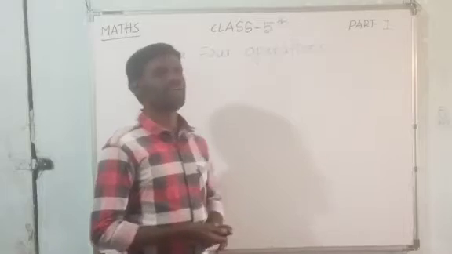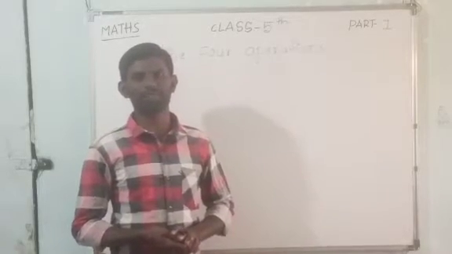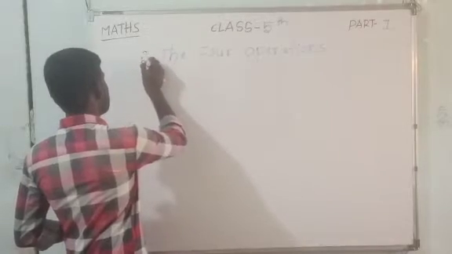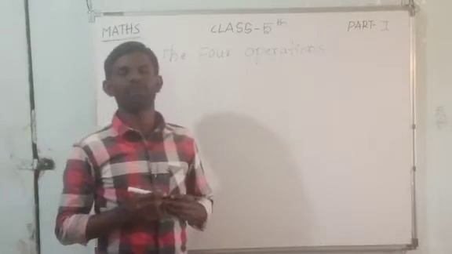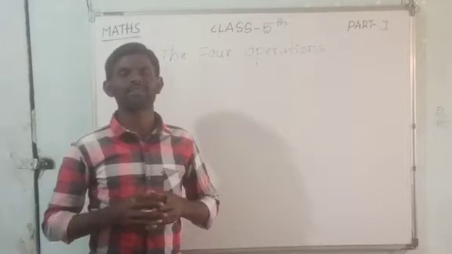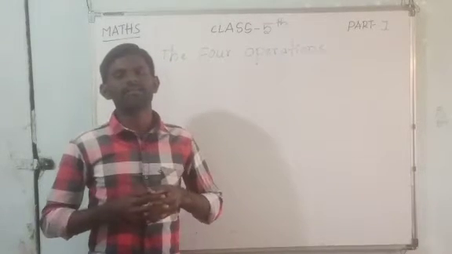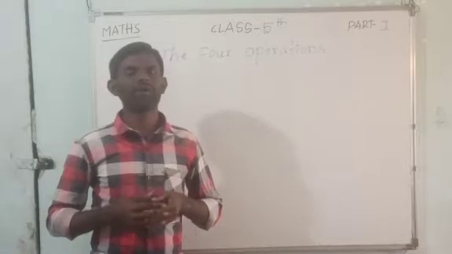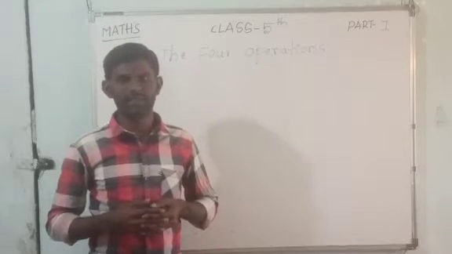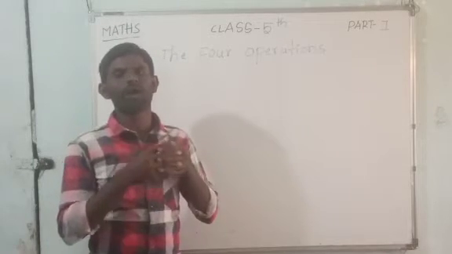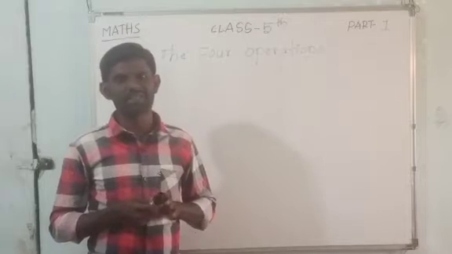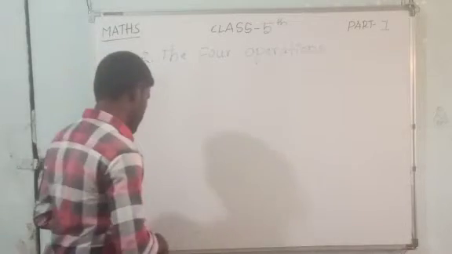Dear students, this is part 1 video for the 5th standard, second chapter, the 4 operations. We know that generally the fundamental operations of mathematics are called the 4 operations. Yes, we know that very well.